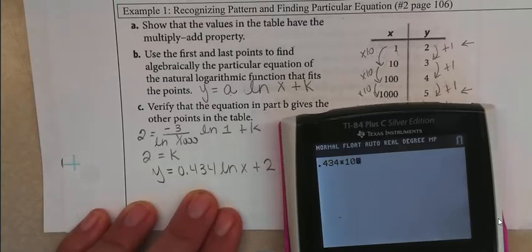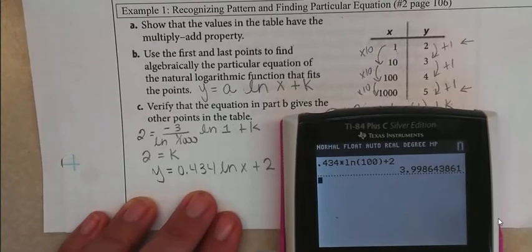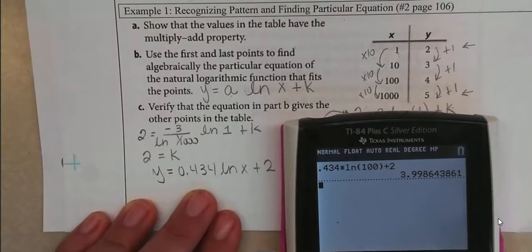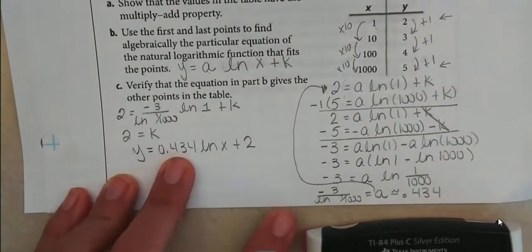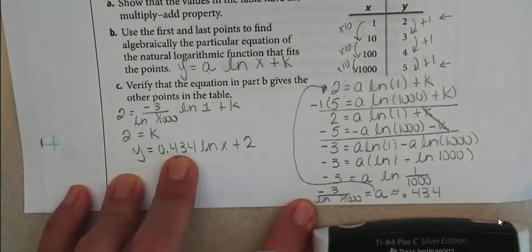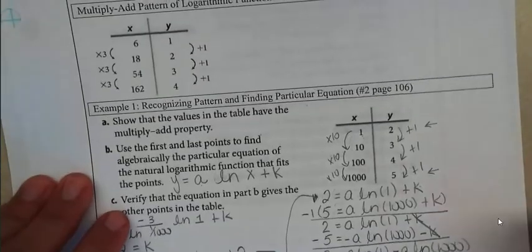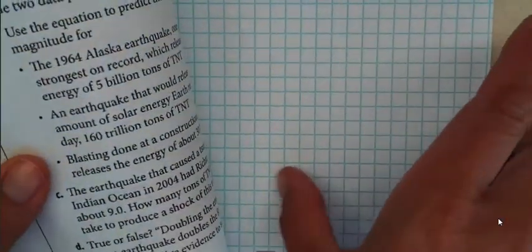Oops, you've got to do ln of 100. And like I said, it's really close. It's not exact. If I wanted an exact answer, then I would leave A as negative 3 over ln of 1 over 1,000. All right, moving on.